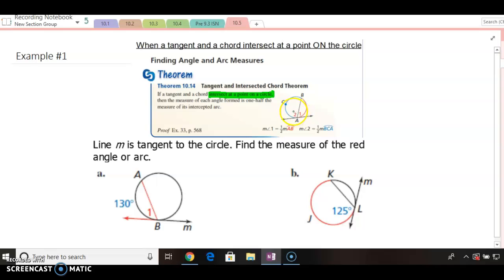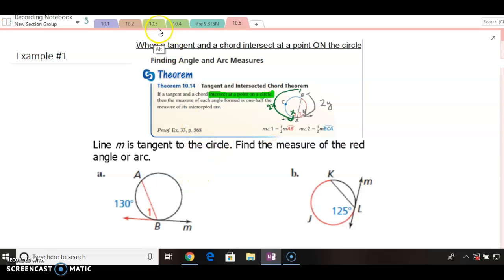So if angle 2 is x, the intercepted arc here would be 2x. Likewise, if the measure of angle 1 is y, the measure of this arc would be 2y. So this is kind of like an inscribed angle, which really it is an inscribed angle, except the other line isn't here.